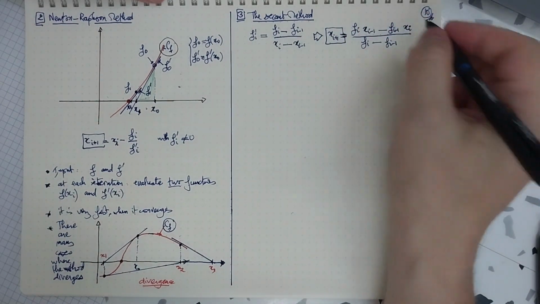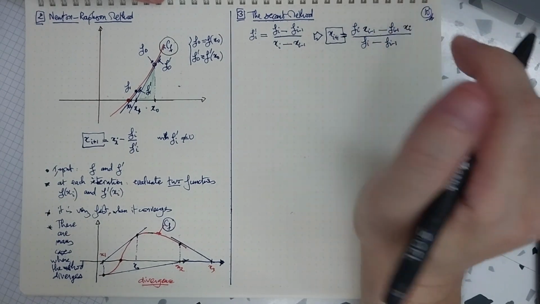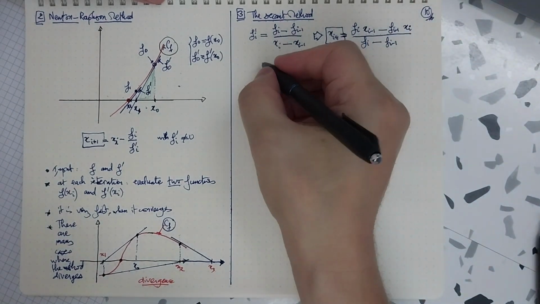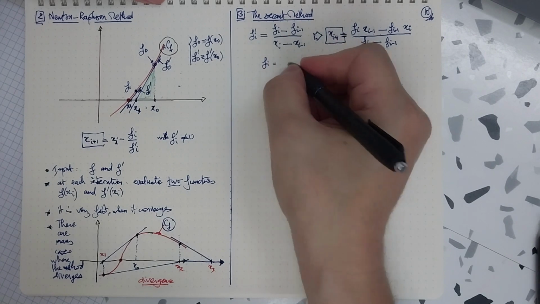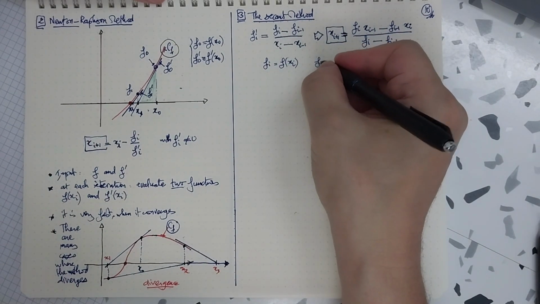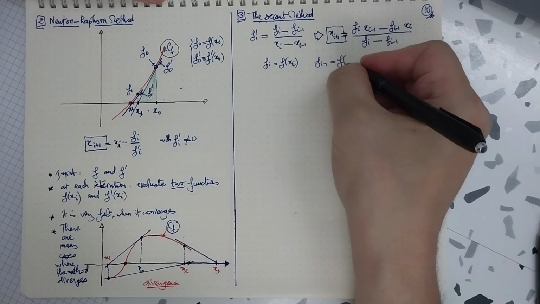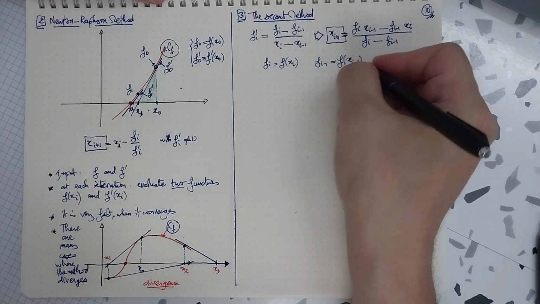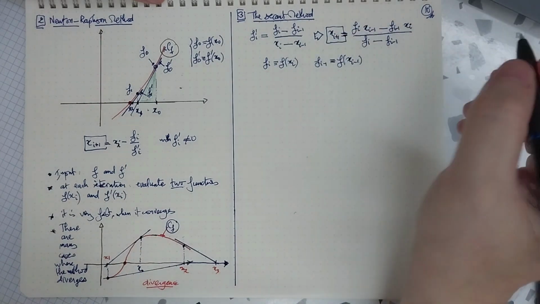It's not the Abou Kamel method. It's not a bracketing method, as we will see graphically. But let us first note the notation: f_i means the image of x_i, and f_{i-1} means the image of x_{i-1}.